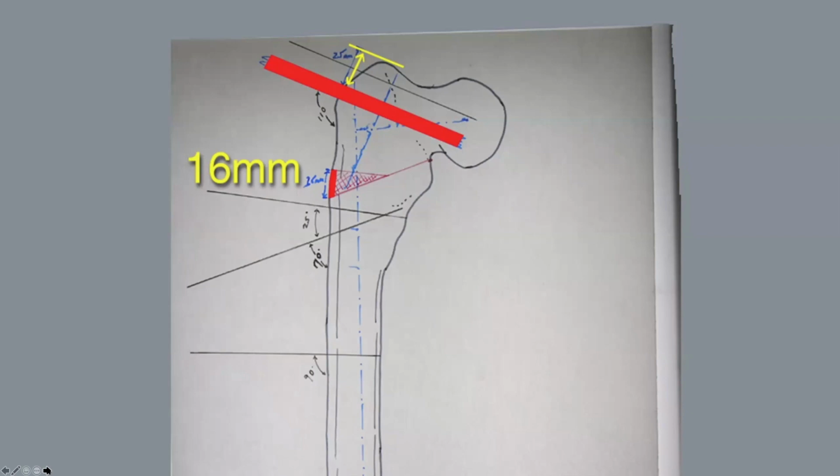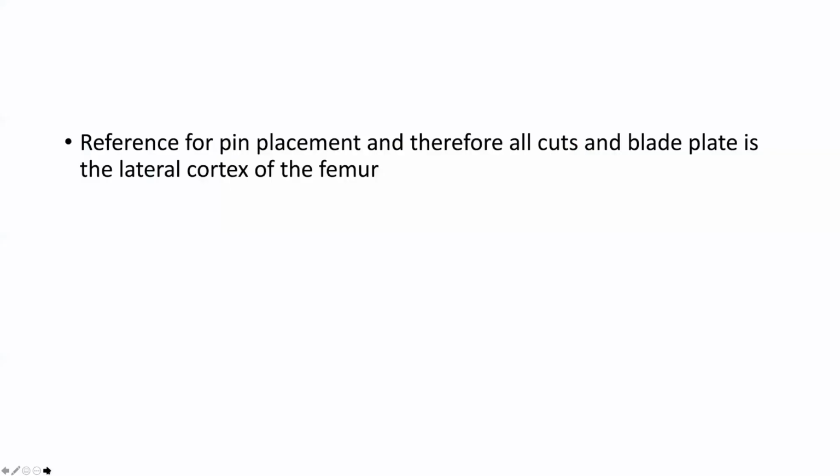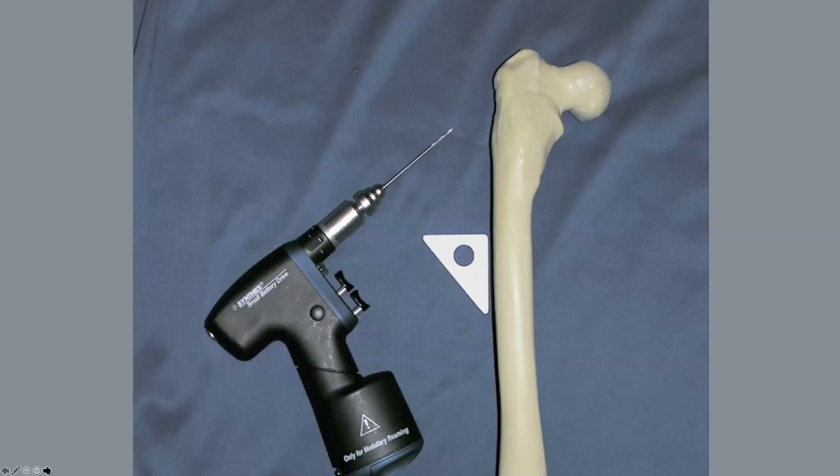And also measure where the osteotomy is going to be, what portion of the lateral cortex of the femur the osteotomy is going to be at, and make a little mark there as well. And these things will help you decide where to put your pins when you go to place them. So that reference pin, or the reference for the placement of all the pins, and therefore all the cuts, and also the blade plate, is the lateral cortex of the femur. So think about where you're going to place that guide when you do it.